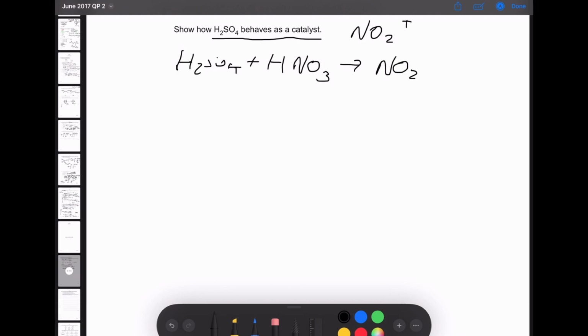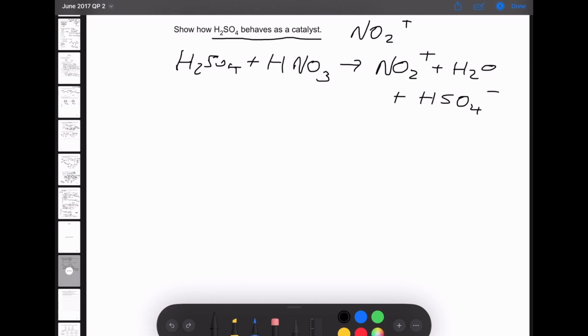So NO2+, plus we're going to have water, and then we're going to have HSO4-, and the reason we know it's HSO4- is because this has no charge on this side of the equation, so it can't have charge on this side of the equation either.